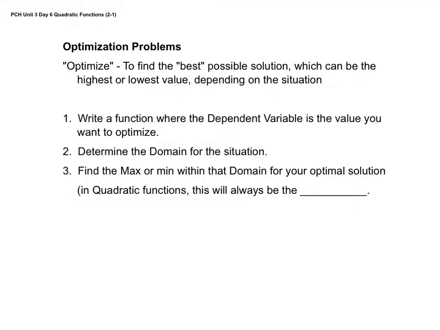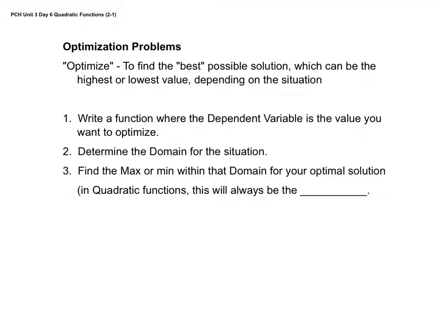If I'm trying to optimize my profits, if I'm in business and want the highest profit, my function is going to be the profit in terms of x equals something. Okay? So write a function where the dependent variable is the value you want to optimize.